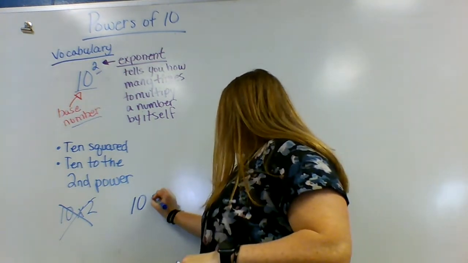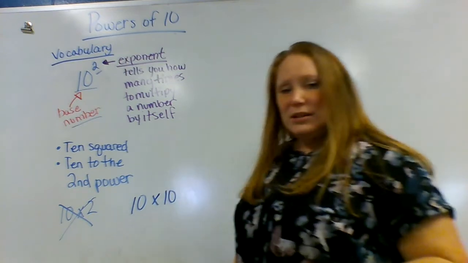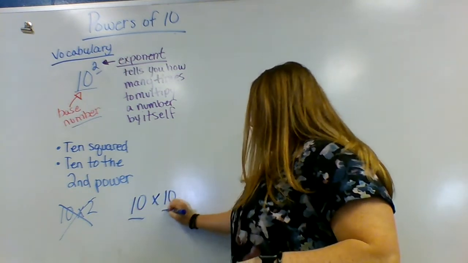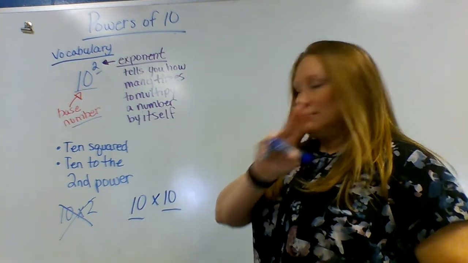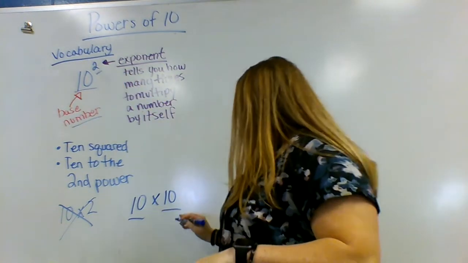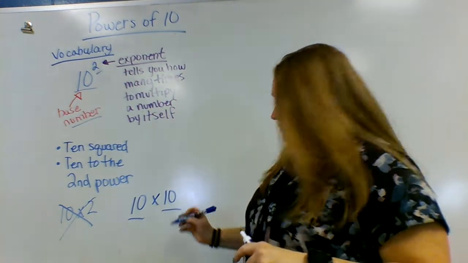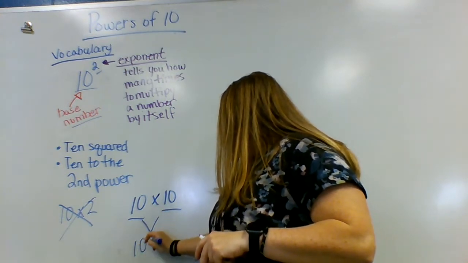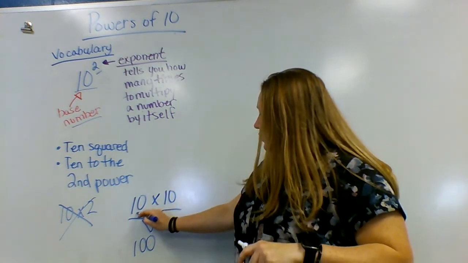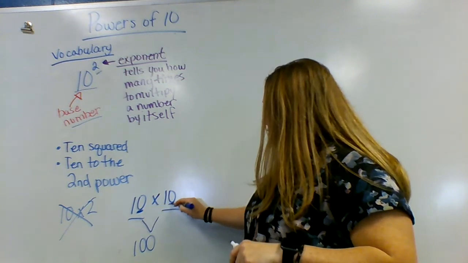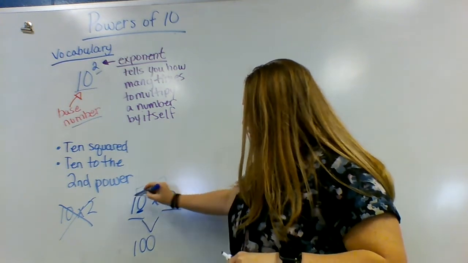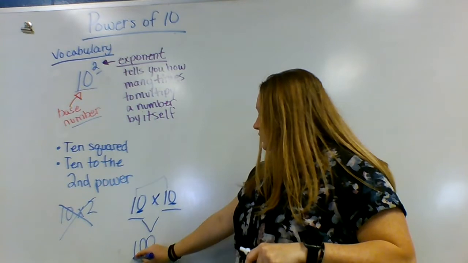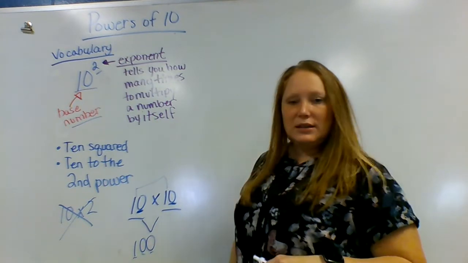So I'm going to have 10 times 10. How many 10s do I have here? I have 2 10s. That's what that exponent says. Well, what does 10 times 10 equal? That equals 100. And we know that because whenever you multiply by a number that ends in 0, you just take the front numbers: 1 times 1 is 1. And then I add my 2 zeros at the end.